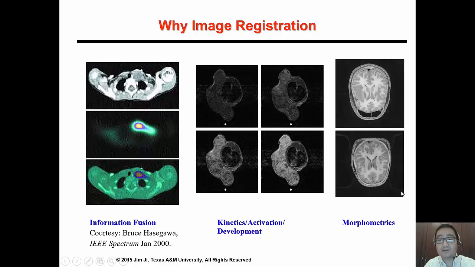In this last application, sometimes people do population-based studies. You study the variation of the shapes of the brain, for example. You need to align them onto the same coordinate reference. That's called morphometrics.